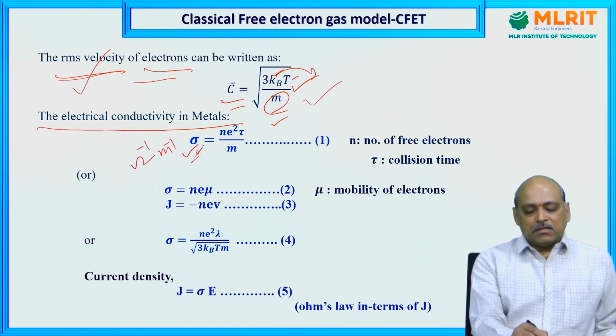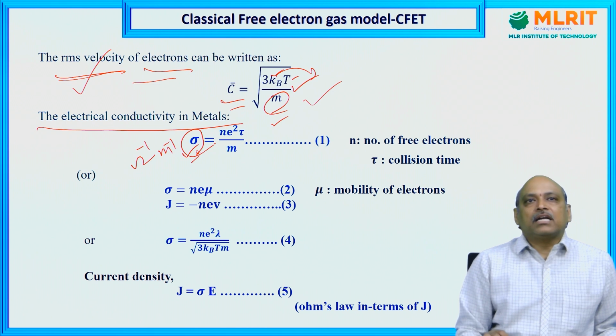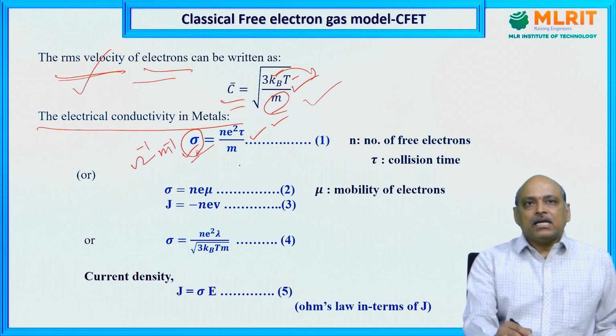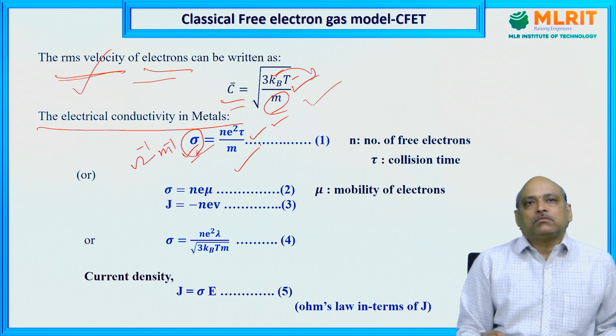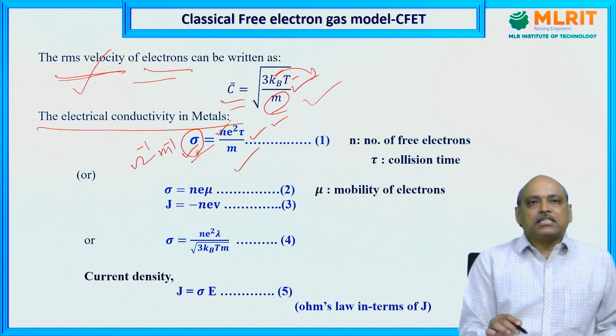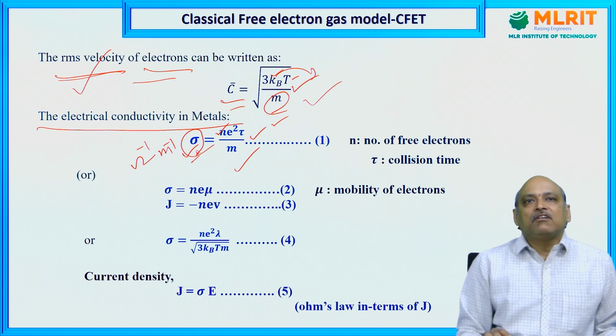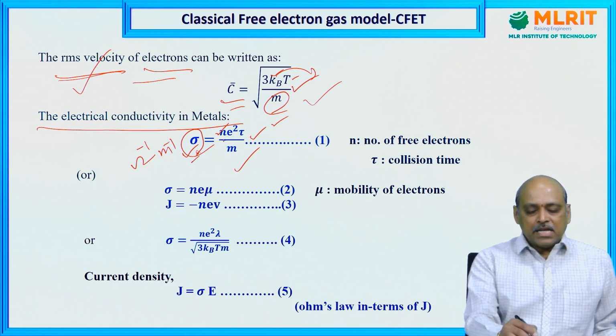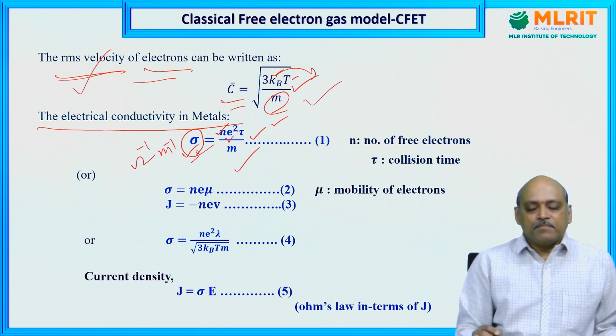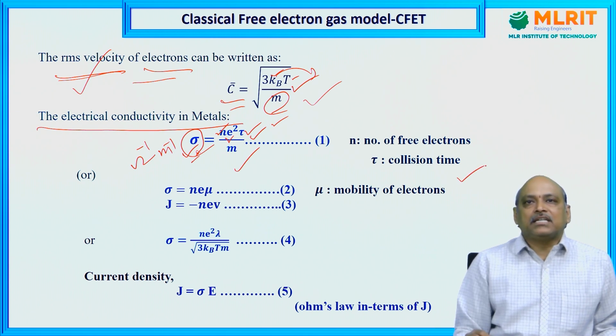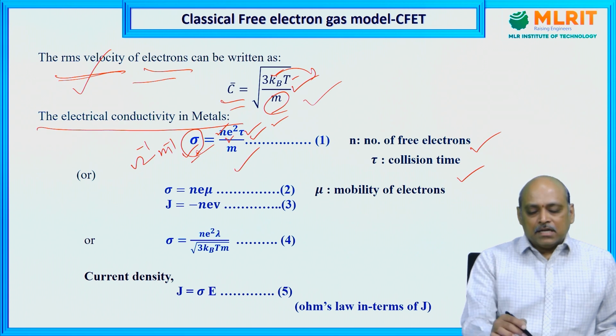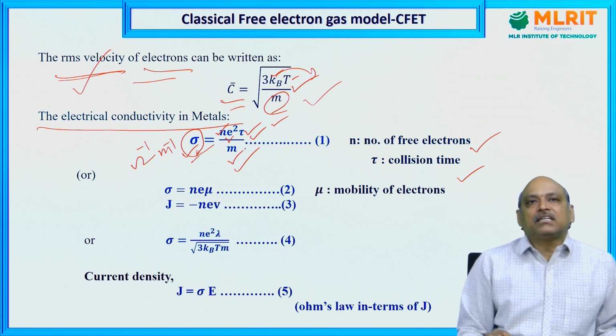Now, according to this theory, sigma is written as N e square tau by m. What is N? N is the number of free electrons available in that metal for electrical conductivity, e is the charge of the electron, tau is the collision time, and m is the mass of the electron.